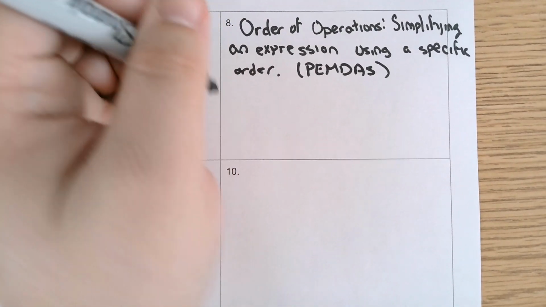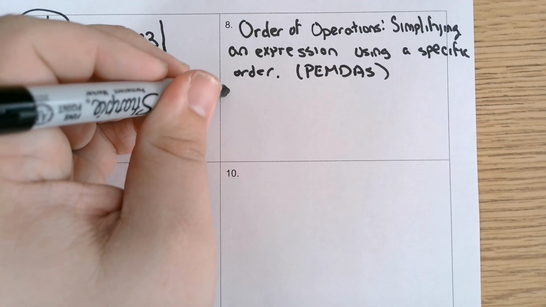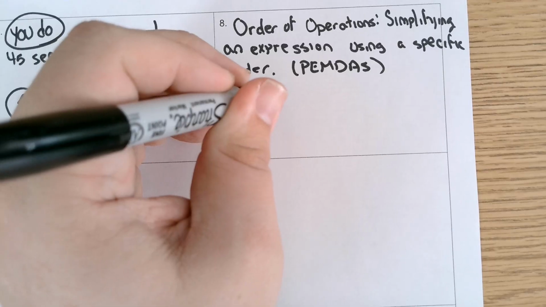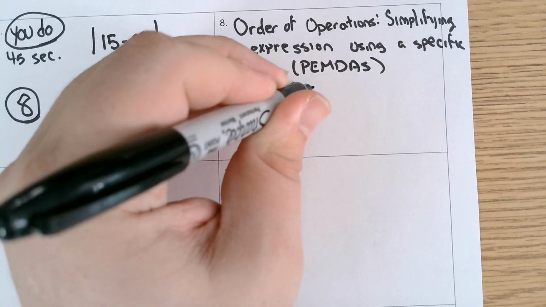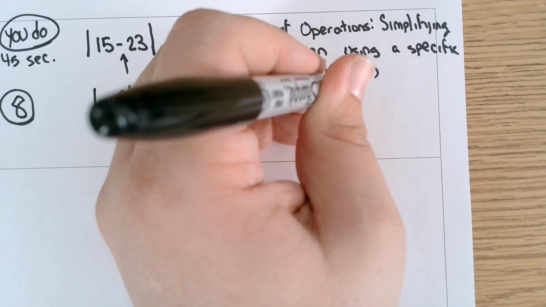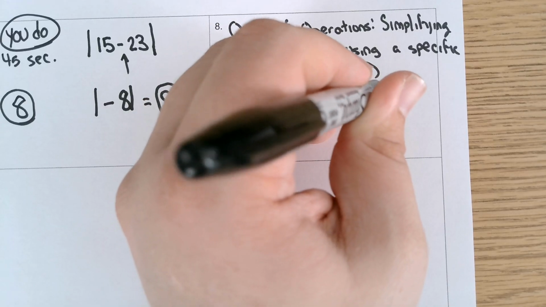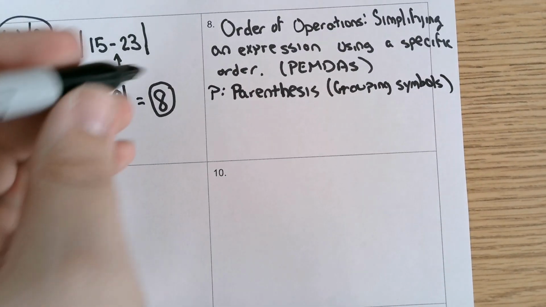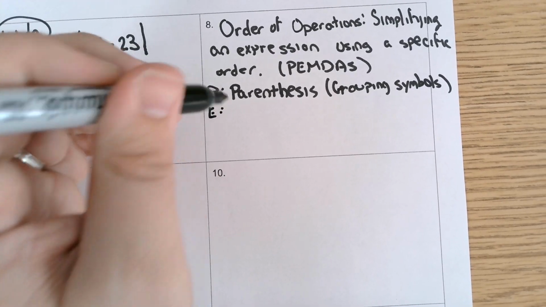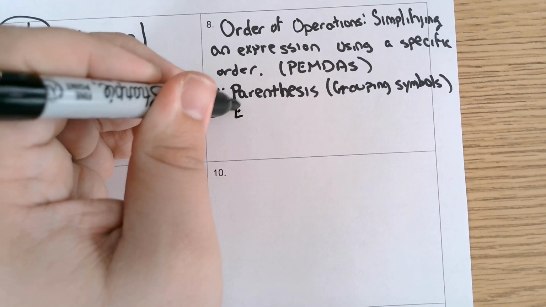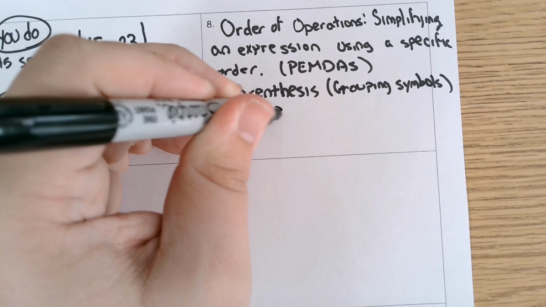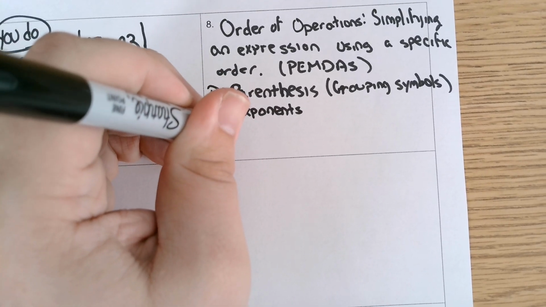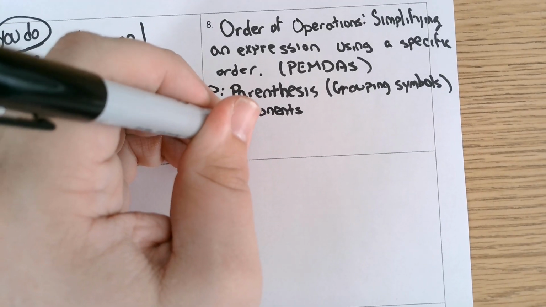If you haven't heard of PEMDAS before, this is an acronym. P is parentheses, or grouping symbols, which we'll get into in a minute. The E is for exponents. The M and the D are done at the same time.